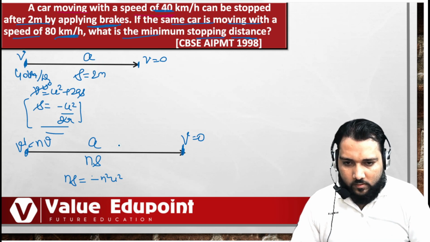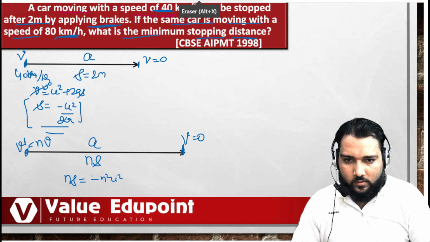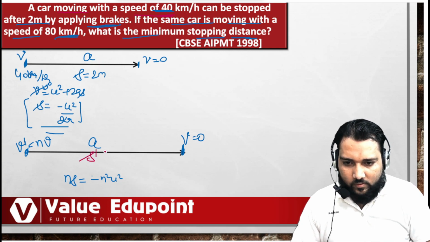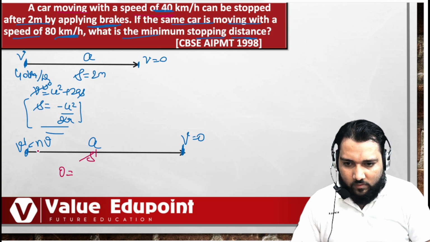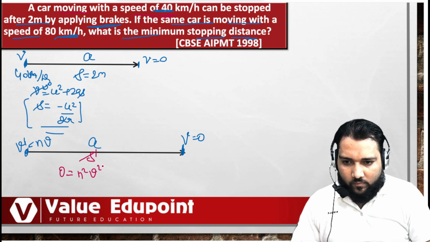Not n dash, not n dash. I'm taking v dash equal to n times v. So what I am taking, the distance this time, is covered as this. So using again the equation v square, 2s, the final velocity is 0, the initial velocity n times, so n square v square.